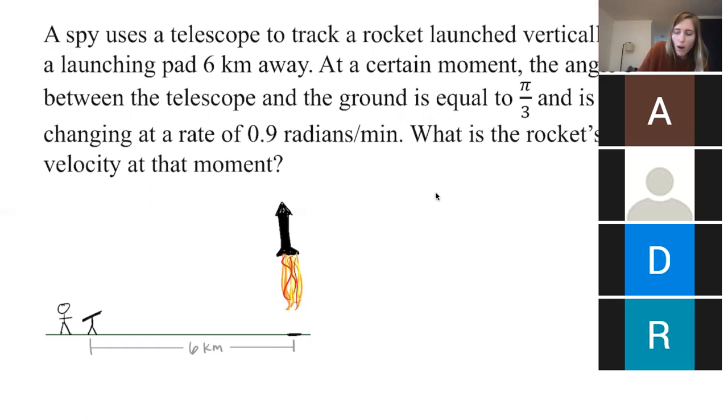So we're going to call the angle between the ground and the telescope theta.